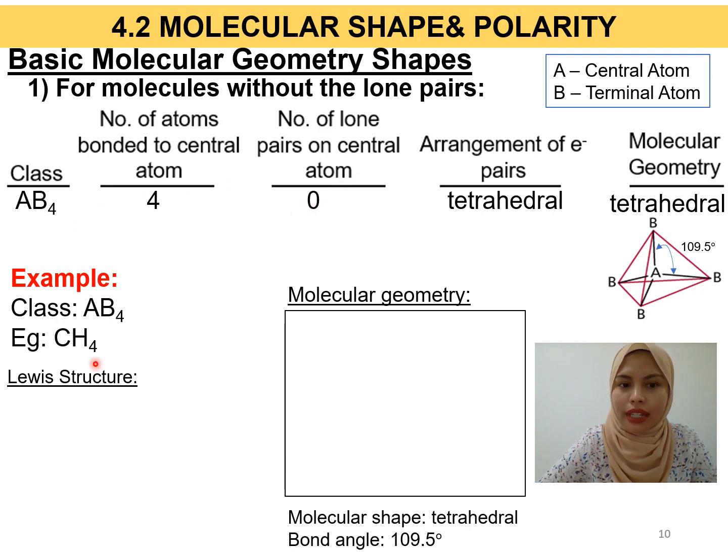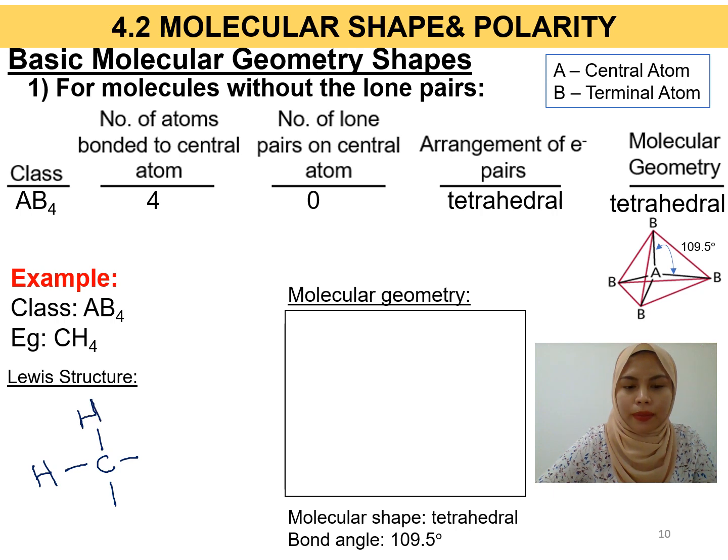Sebagai contoh, CH4. CH4, kalau kamu draw the Lewis structure of CH4, you will know C akan berada di tengah-tengah, H akan berada di terminal kan. Lepas tu, memang you tak perlu octetkan pun hidrogen sebab hidrogen memang duplet. Okay, so from here, you akan tahulah carbon ni memang tiada langsung dia punya lone pair.